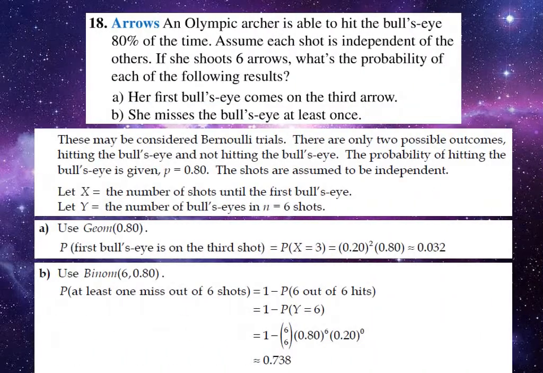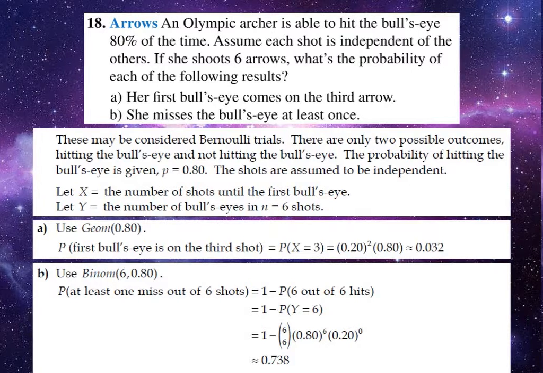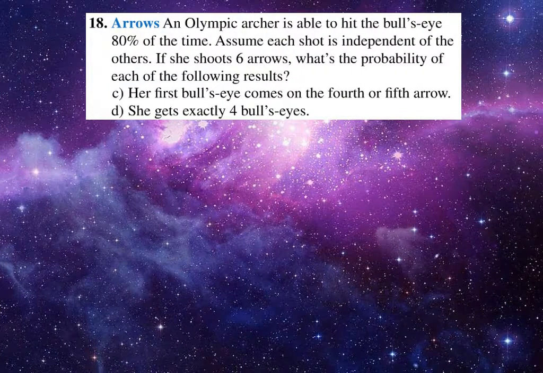It said 6 out of 6 hits. Yeah, they did. Basically, they're talking about how we switched gears and we're looking at 0 misses. 0 misses means 6 hits. So there's all sorts of different ways to do that. Okay. Try these two. Because I don't think we got to these two last time, did we? No. Today's all practice all the time.